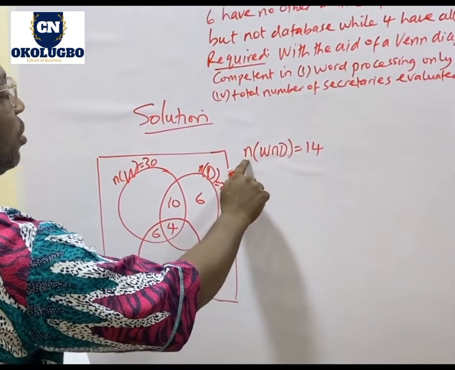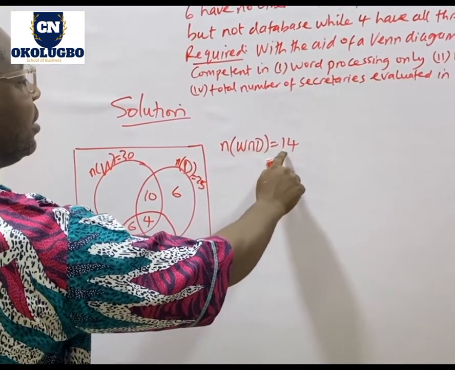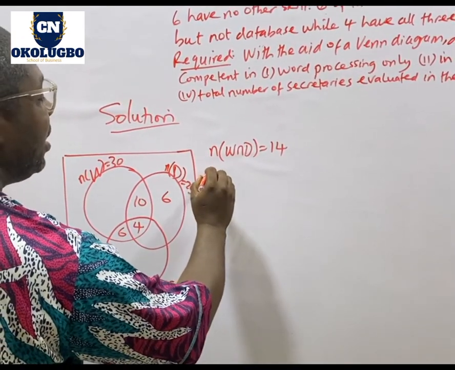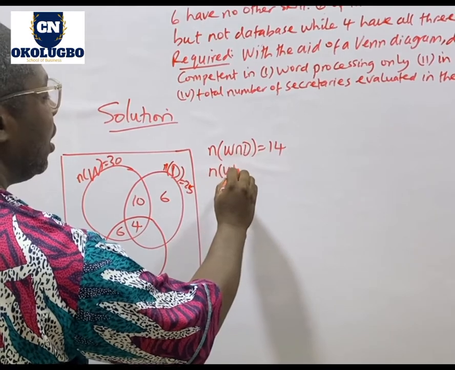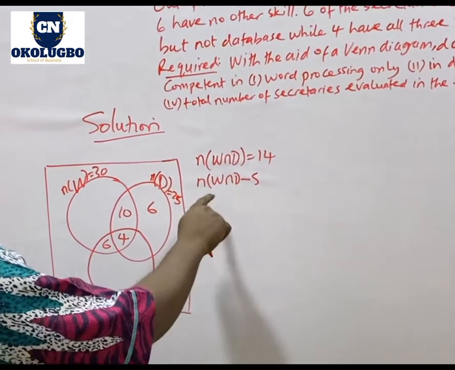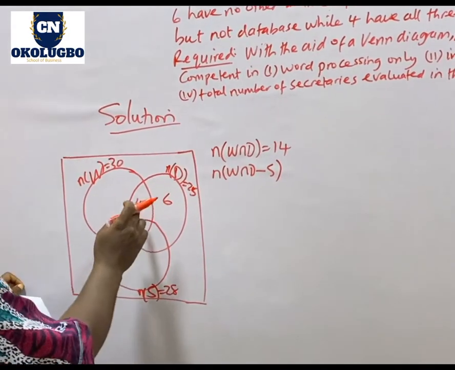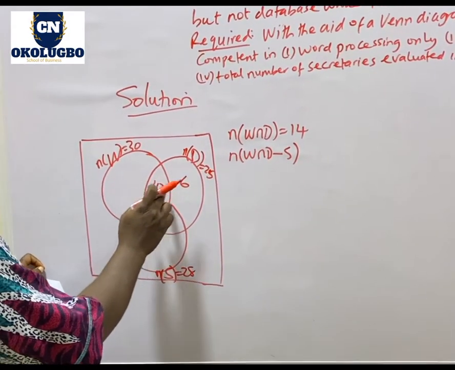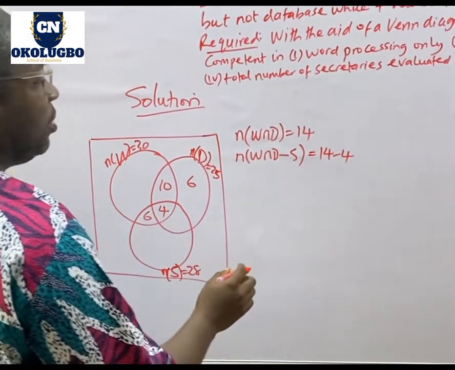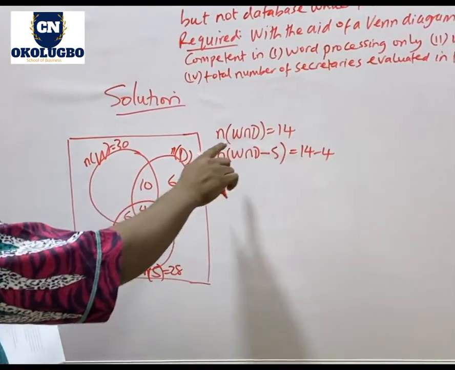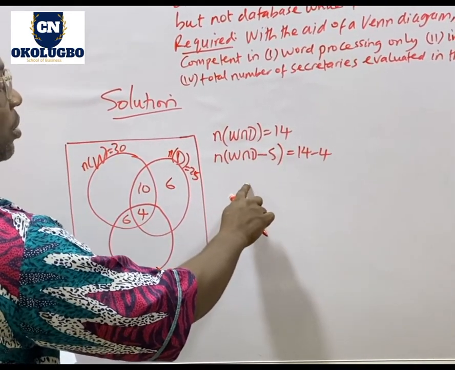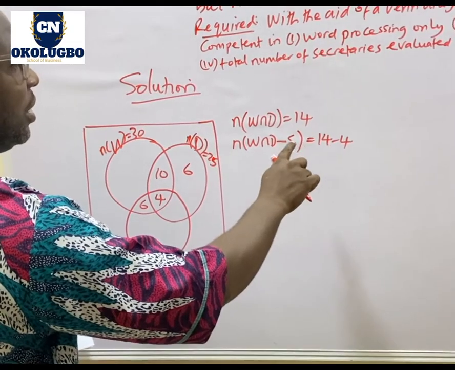This is the number of word and database, but we are interested in finding the number of word and database minus spreadsheet, that is word and database only.